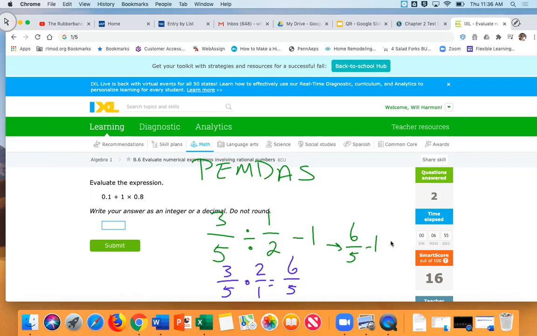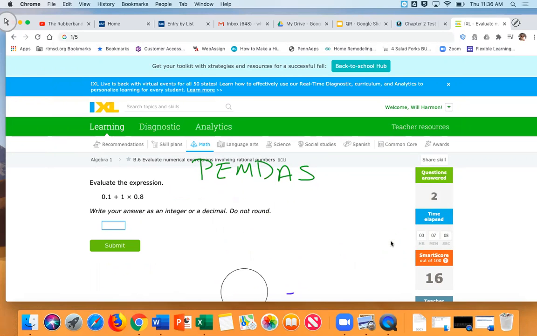Yes. All right. Now, while we're waiting for John to come back, let's do this one, Grace. What operation do I do first? Do we do the addition or multiplication? Multiplication first. Very good.